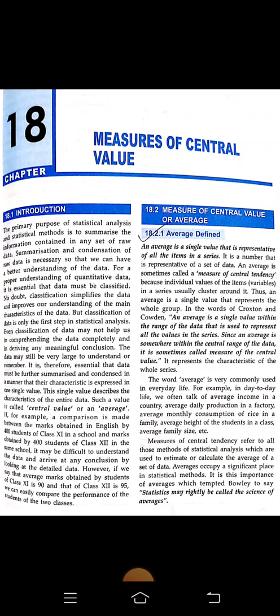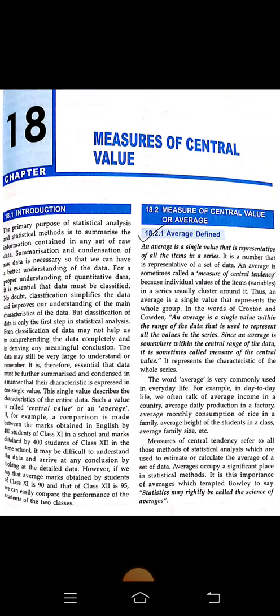Thus, the average is a single value that represents the whole group. We can say an average is a single value within the range of the data that is used to represent all the values in the series.